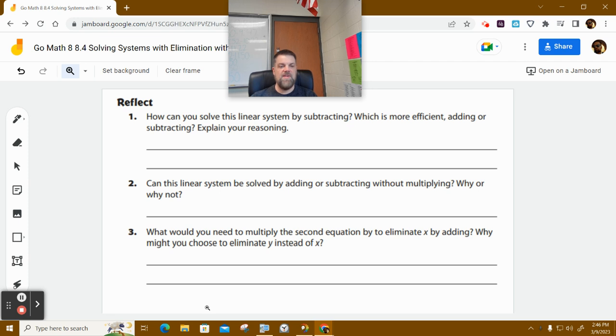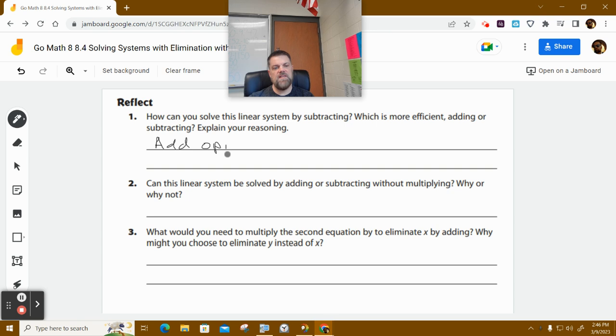Settle down. It says, how can you solve a linear system by subtracting? Which is more efficient, adding or subtracting? Explain your reasoning. I like to add opposites.